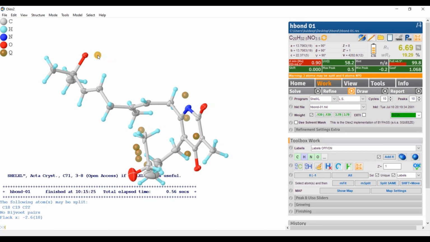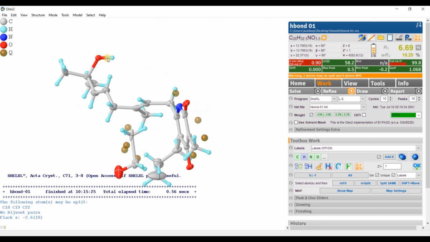Let's select this one and name it H. This is, I think, oxygen 3, so name it H3O. Okay, and select this bond and type DFIX 0.84, which is a standard oxygen-hydrogen bond length.